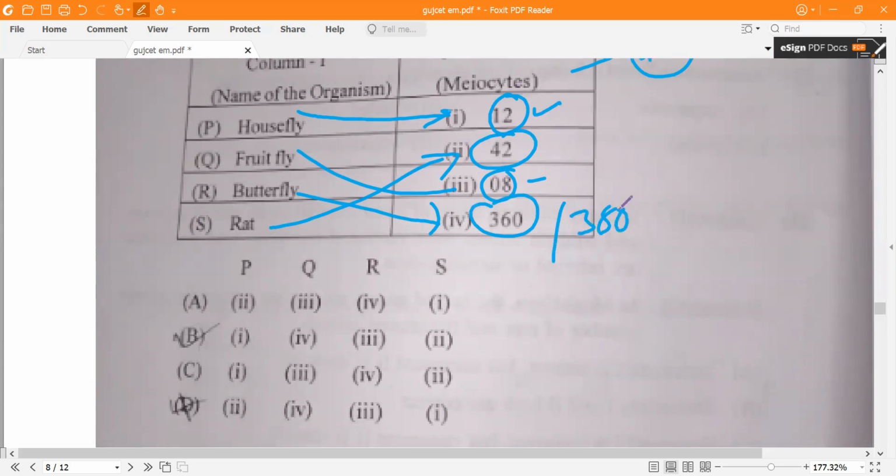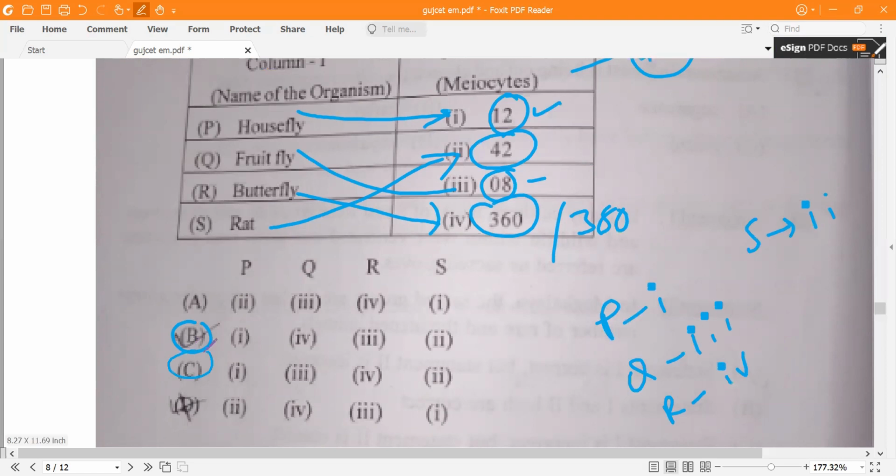So it will be P1, then Q3. Drosophila has 8 chromosomes, then butterfly or R has 4, then S has 2. So 1, 3, 4, 2, this one will come. C will come.